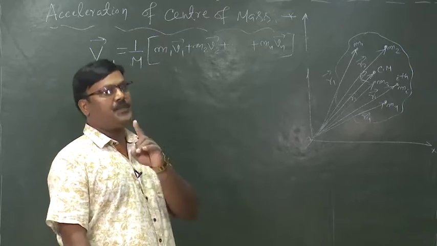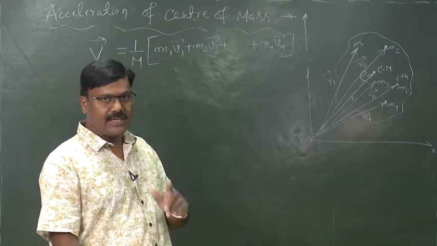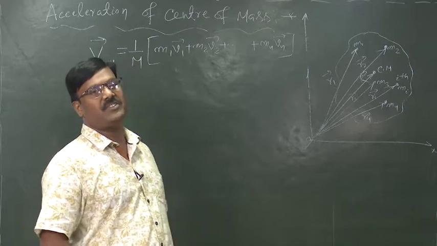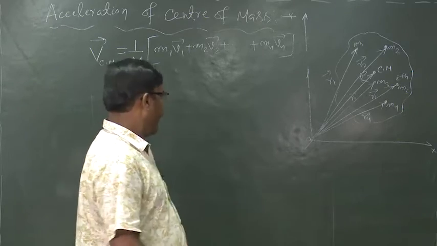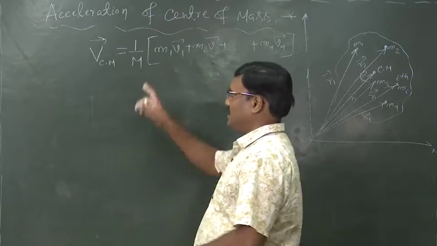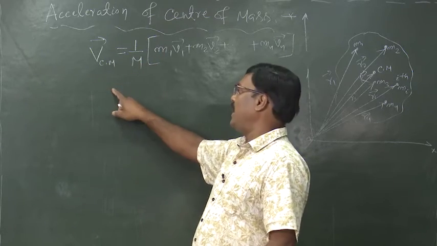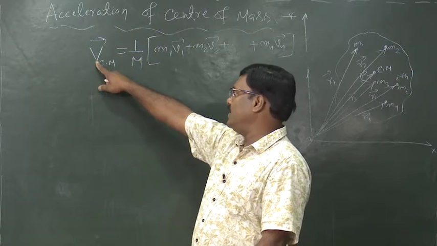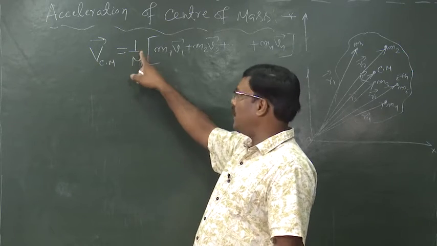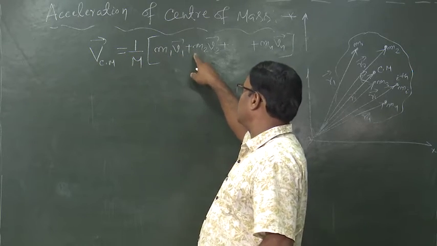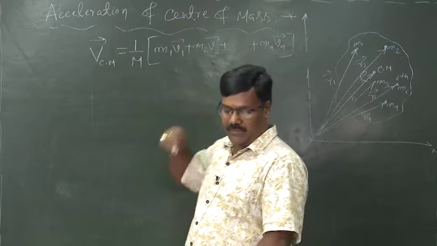So, the expression for acceleration can be obtained from the expression for velocity. We know that the velocity of center of mass is v center of mass is equal to 1 by M m1 v1 plus m2 v2 up to mn vn.